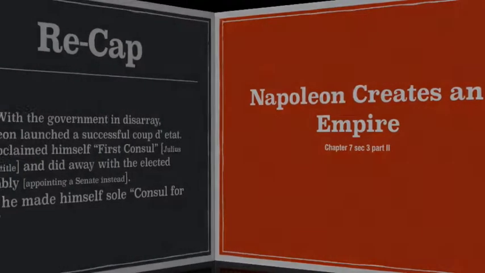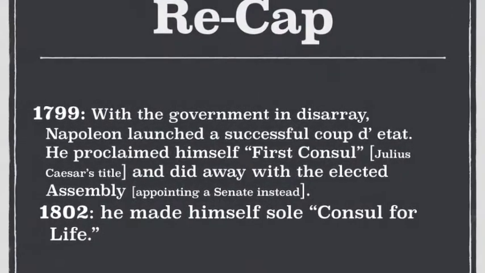All right, brief recap. In 1799, with the government in disarray and the national legislature not accomplishing anything since the end of the Terror, Napoleon launches a successful coup d'état. He proclaims himself first consul, and originally there were 3 consuls, just like the Romans had.